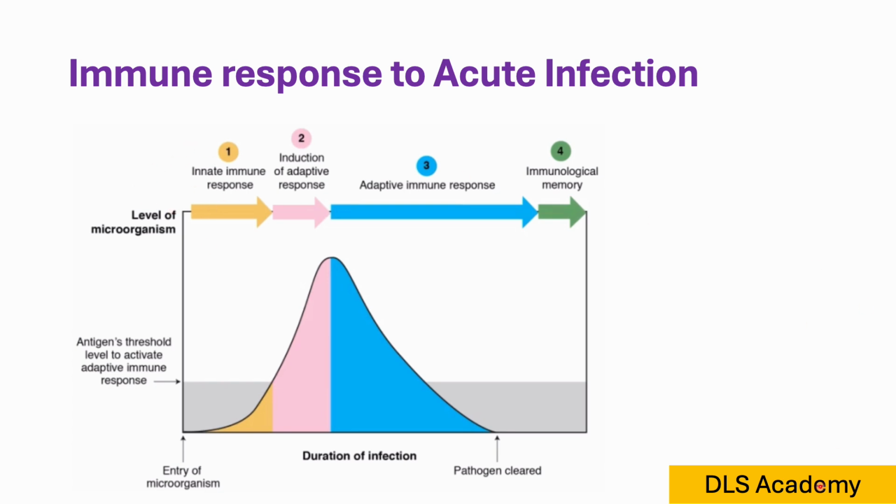Typically, the innate immune response is able to contain and eliminate a pathogen on its own. But in cases where the pathogen increases its numbers to a certain threshold, where the innate immune response is no longer able to contain the infection, then the adaptive immune response is engaged.